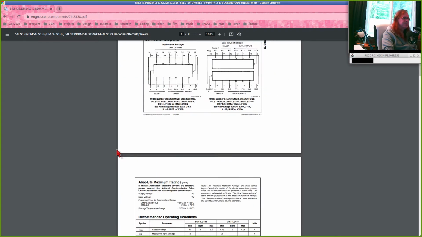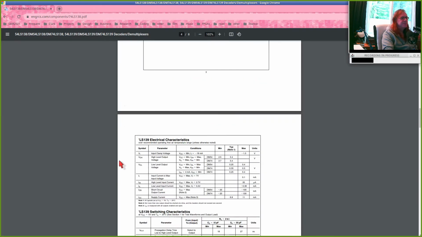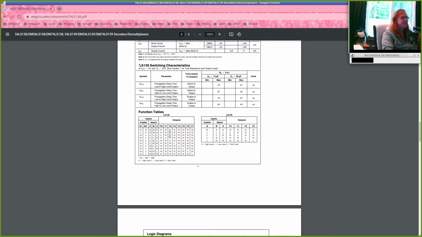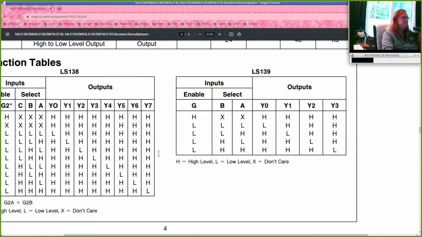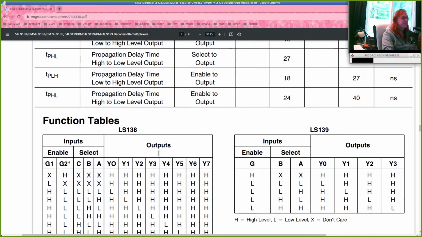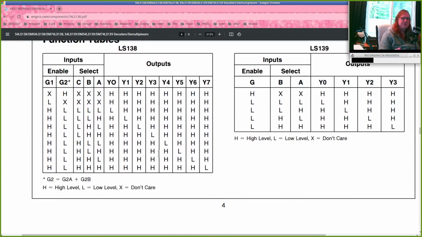And so what's the behavior of a decoder, a 3 to 8, for example? The output is supposed to select one output based on the inputs. So if A, B, and C are all low, we should select one output, in particular Y0. Well, we normally think of selecting something as turning it on.